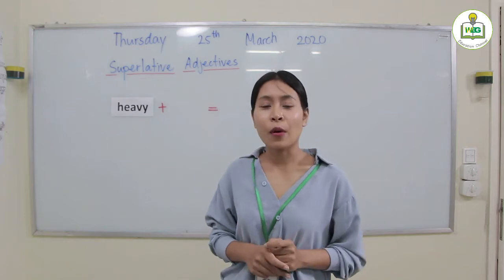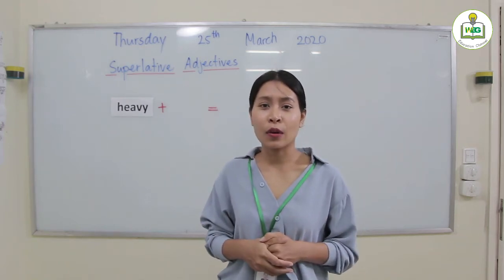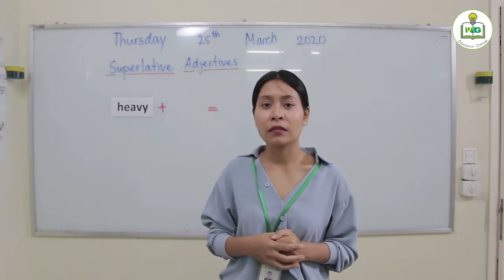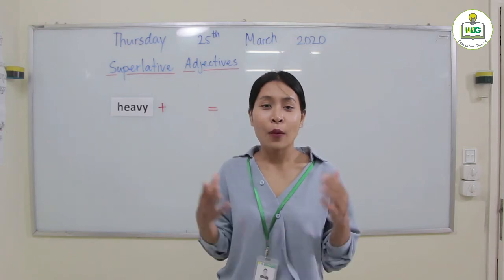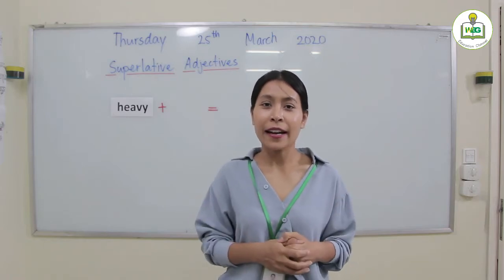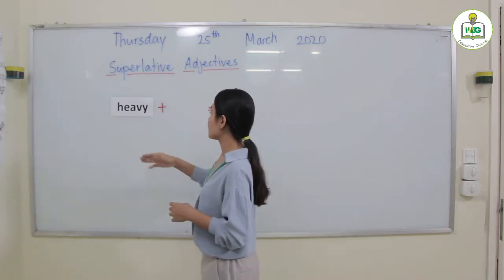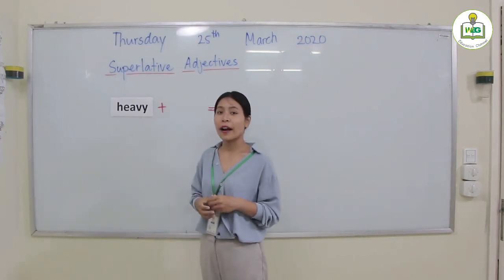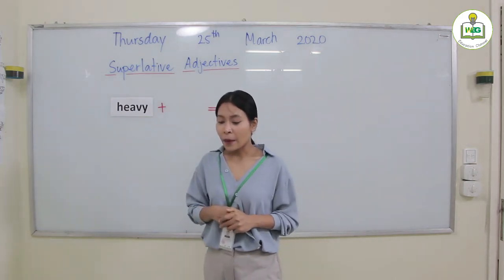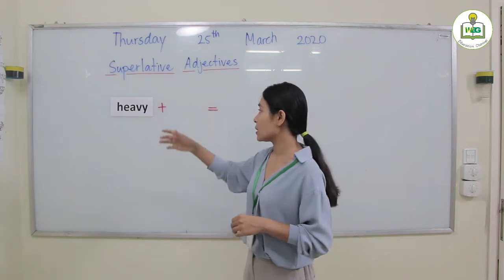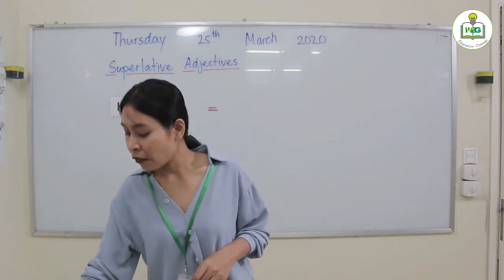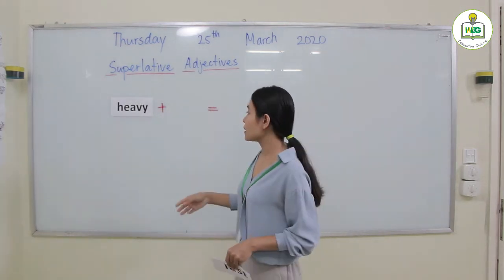Alright, rules and forms that apply for two syllable adjective words. Now, can you think of an example of two syllable adjective words? Well, there are plenty of them, right? Like lazy, crazy, and heavy. Now, heavy is an adjective. So what do we do with heavy when it comes to superlative adjectives?